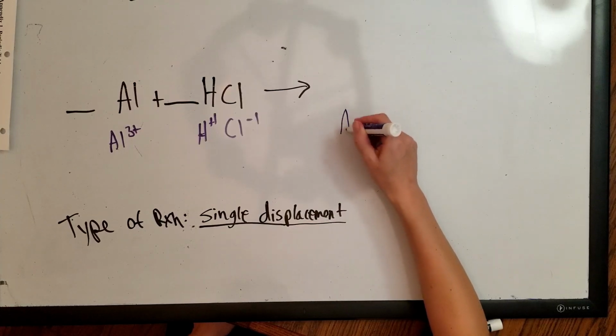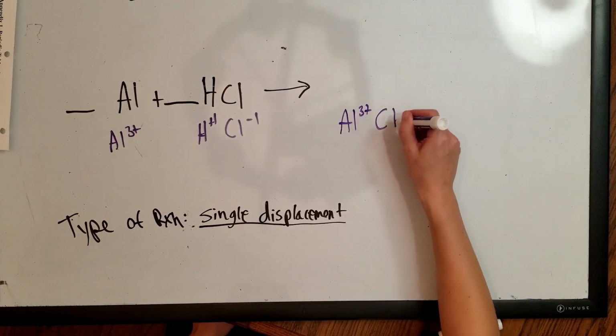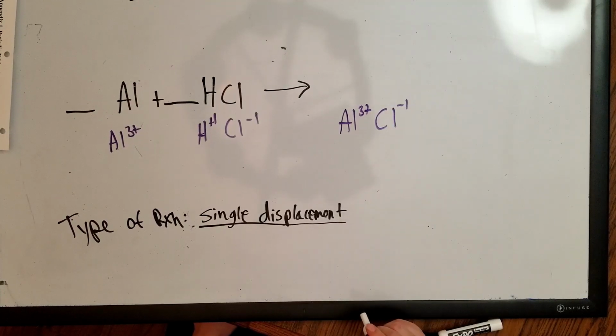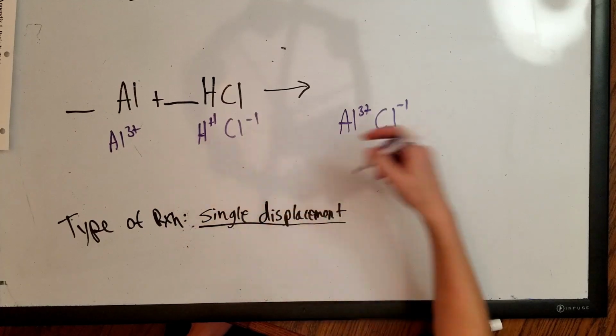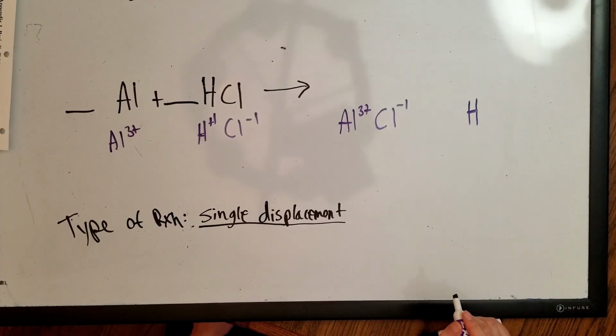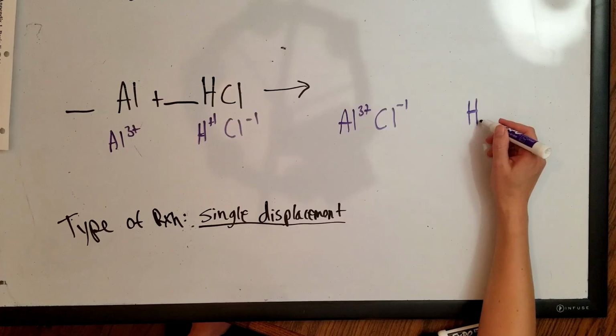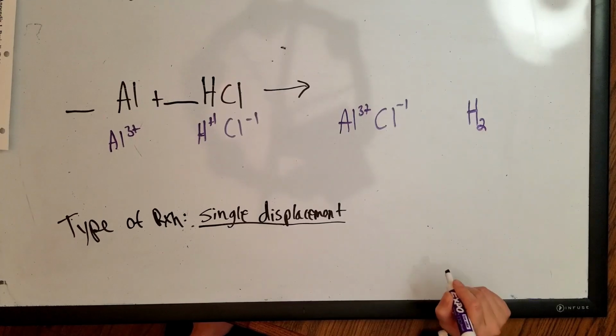So aluminum with that 3+ charge is now going to be with chlorine, which has a -1 charge. And hydrogen now is going to be by itself. Remember, when an element's by itself, it no longer has a charge. Okay, and hydrogen specifically, remember, it's unstable by itself, so it's one of those nonmetals that forms a diatomic.